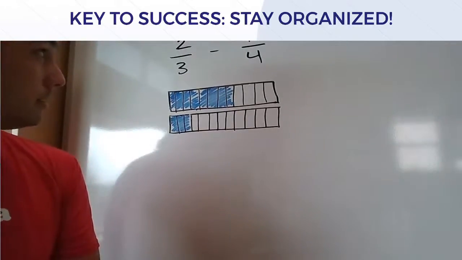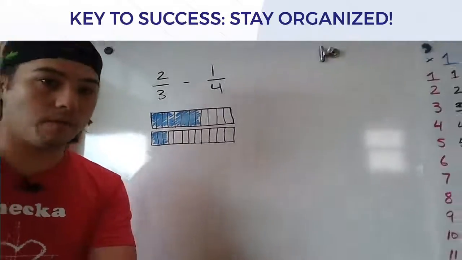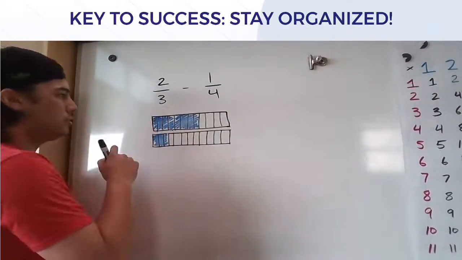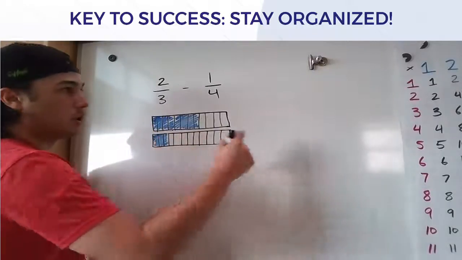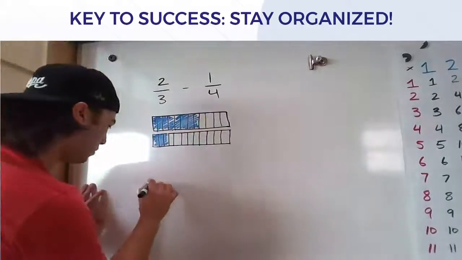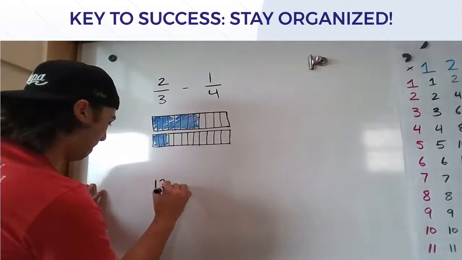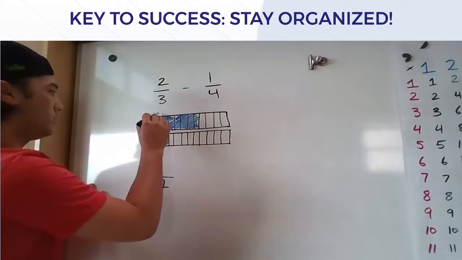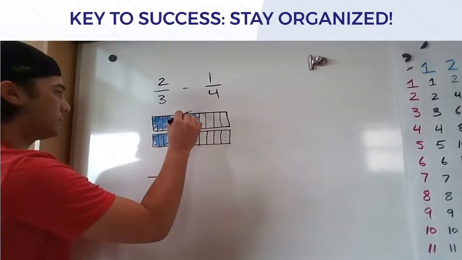Look at that. Oh my gosh, if we do that in number terms, we have our 2/3 equals how many pieces total? We already said there was 12. We're going to rewrite it down here. And then how many pieces shaded in? What's our numerator? 1, 2, 3, 4, 5, 6, 7, 8.